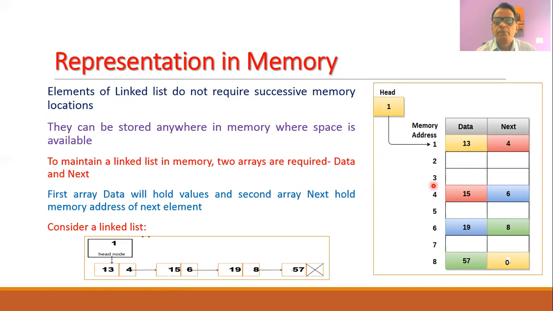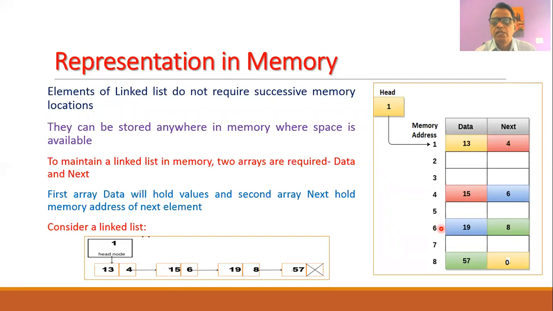The next element may be stored somewhere else, not necessarily in the successive memory location. So the second element will be stored at position 4, of which the value is 15, and it will point to the next element which is stored at position 6.